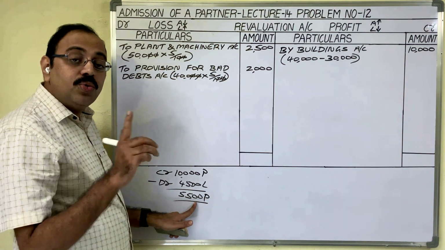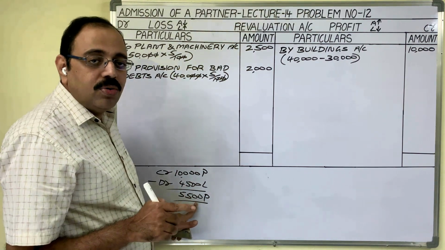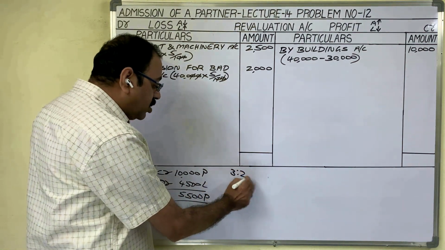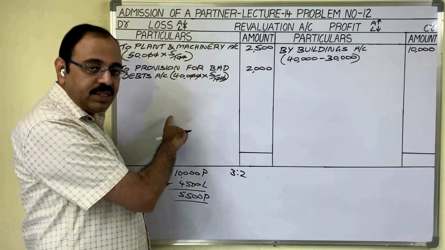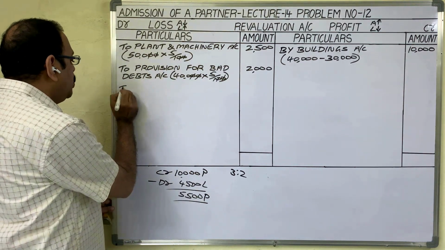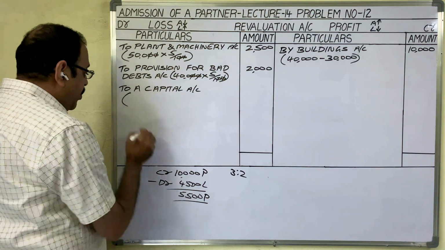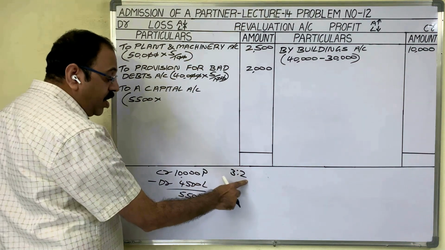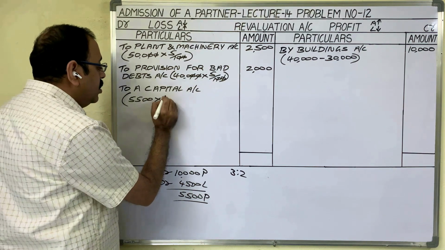This amount belongs to the old partners, A and B. To their capital accounts, we have to transfer this amount in the old profit and loss ratio. We said we should show this transfer on the debit side because the debit total is less. First, the old partner A's capital account. Profit is 5,500 and 3/5 of this profit we should transfer to A's capital.